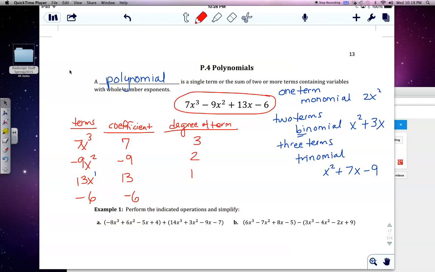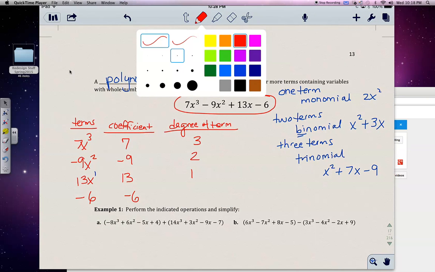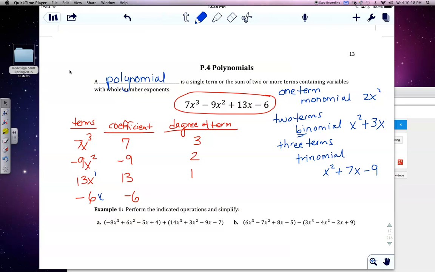And the degree of the term, again, there's really not a variable that you see right here, but if there was a variable, it would be x to the 0 power, because that's the same thing as 1. Remember, that's the same thing as 1. So again, the coefficient would be negative 6, and the degree of this term would be 0.